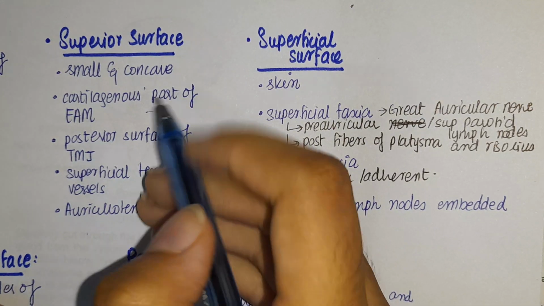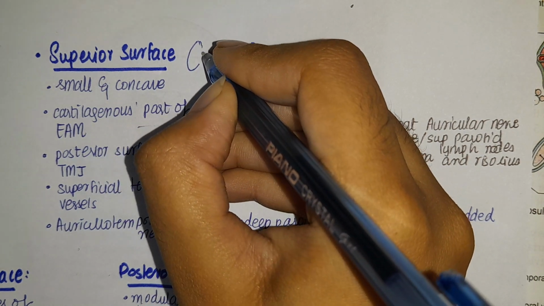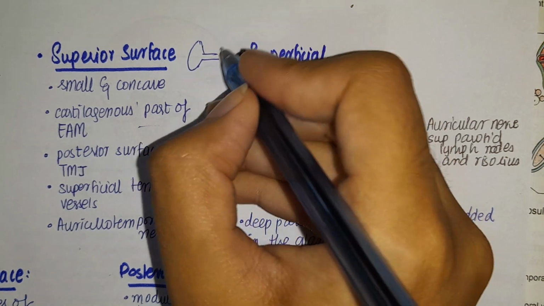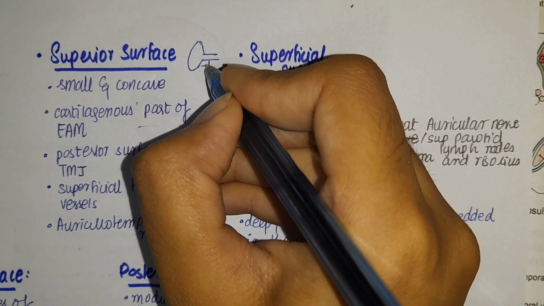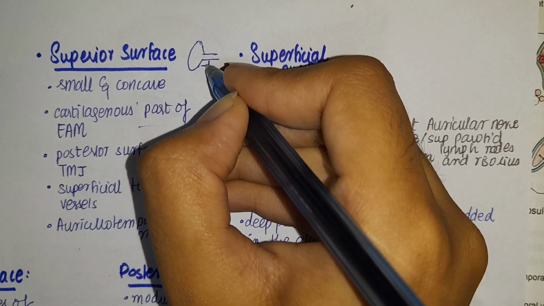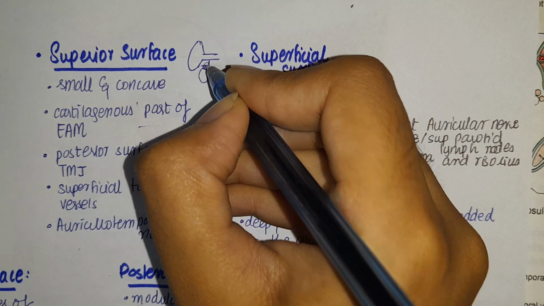This external acoustic meatus is this region, like you have an ear, and just from the ear we have the external acoustic meatus beginning from here. Firstly, it has some part which is known as the cartilaginous part. So mainly the superior surface is related to this cartilaginous part of the external acoustic meatus superiorly.